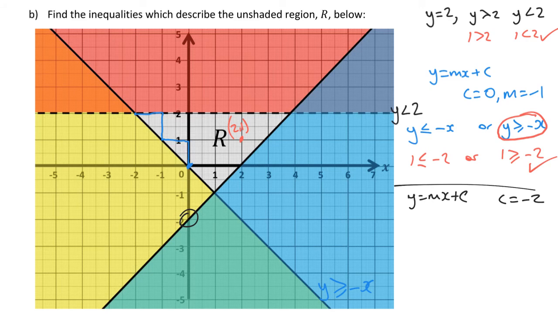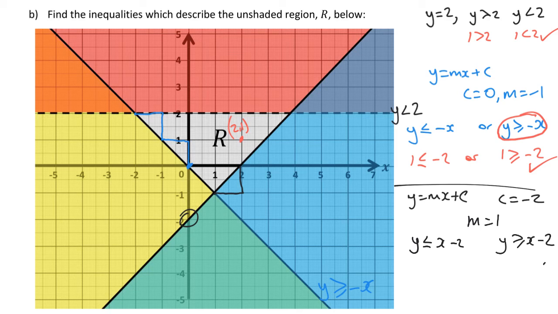Now the gradient looks like for every 1 square we go across, we'll go 1 up. So that means the gradient is also 1. So the equation is going to be y, and it's going to be either less than or equal to or more than or equal to, because it's a solid line, x take away 2, so y is less than or equal to x minus 2, or y is more than or equal to x minus 2.